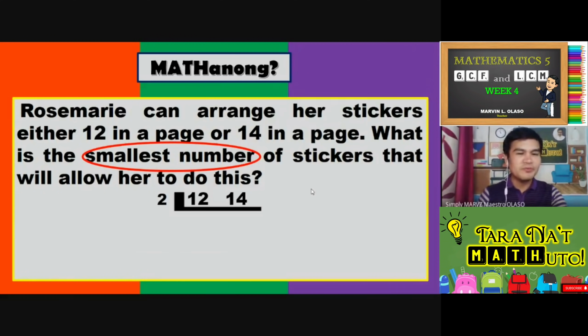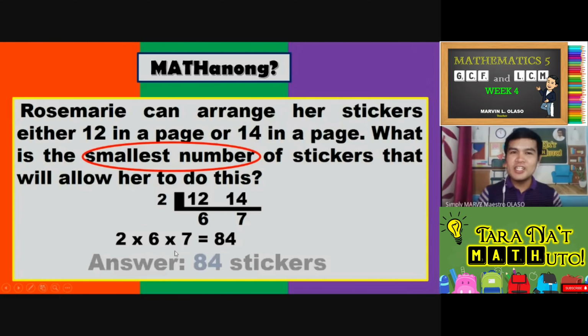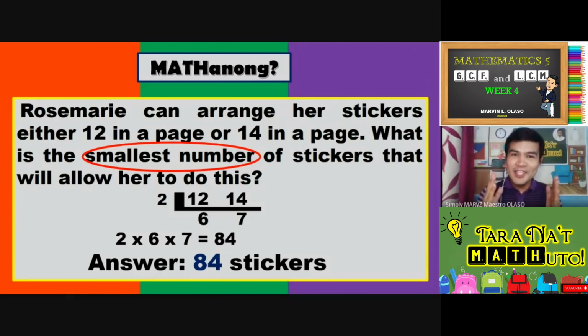We have 2. 12 and 14 divided by 2, we have 6, 7. 6 and 7, do we have another factor? None. So therefore, jot down all the factors, 2, 6, and 7, then multiply. 2 times 6, we have 12, times 7, we have 84. Therefore, the answer to our problem is 84 stickers. Did you get the same answer? Congratulations!